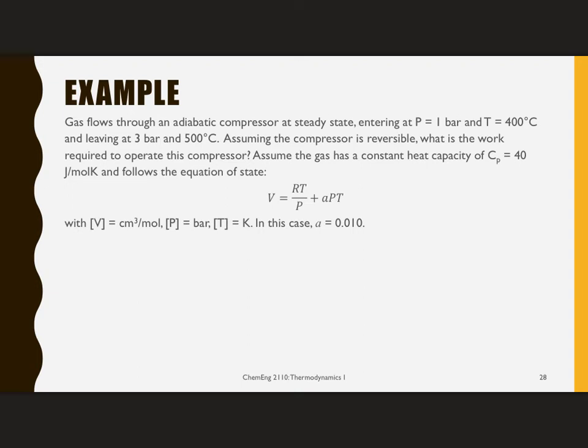So, a couple of things that we need to do. First is we need to figure out Z. That's going to be important to us. Z is PV over RT. So I can simply take this expression here and multiply through by P over RT.